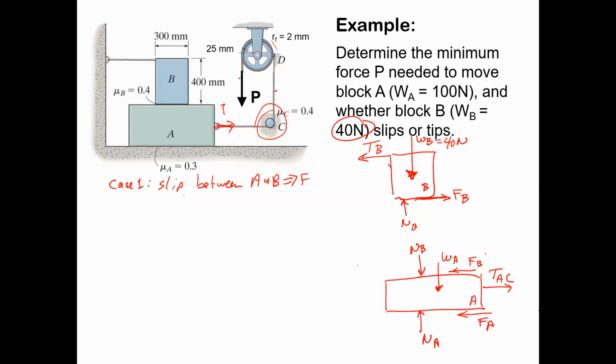Okay, so the fact that we're slipping between A and B means that FB has reached its maximum. And then the other assumption we'll make is that maybe B is tipping, and we'll see what that does for everything, right?